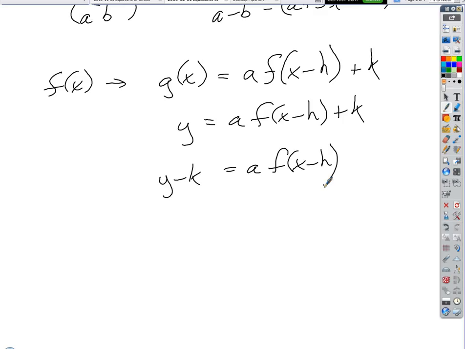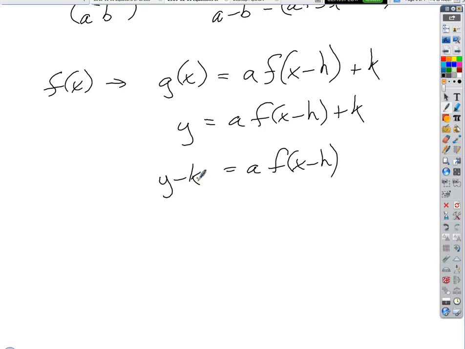Okay, so what do we find there? If I want to slide this thing horizontally, all I have to do is subtract an h from it. h represents the x coordinate of where I end up. If I want to slide it vertically, I can either add k to this side, or maybe more easily, I could just subtract k from this side. So that's always going to work.